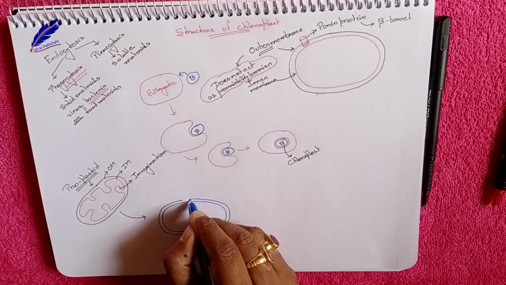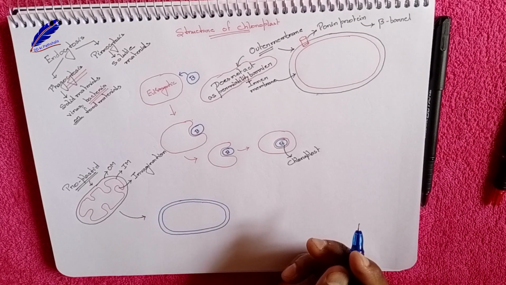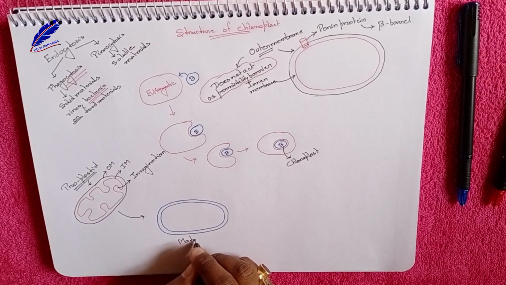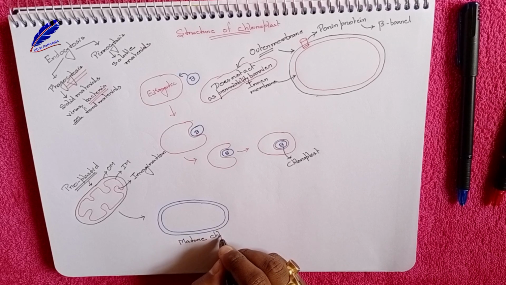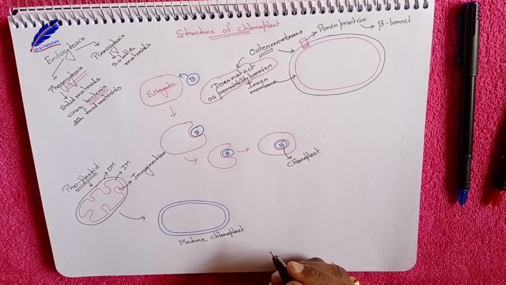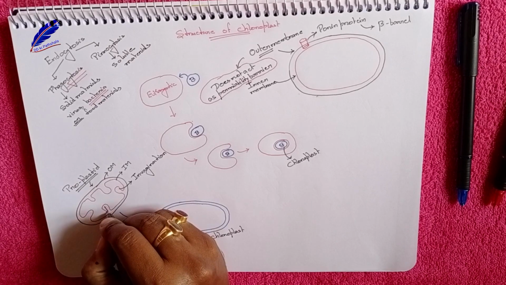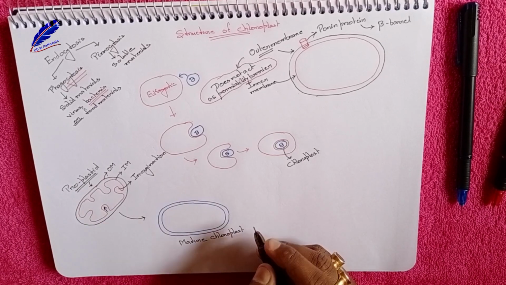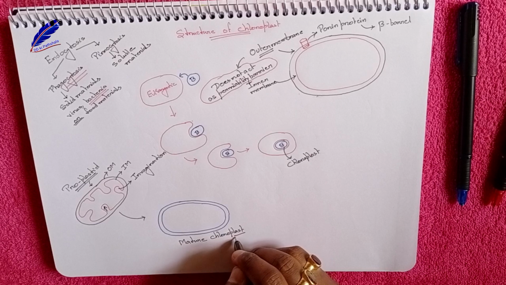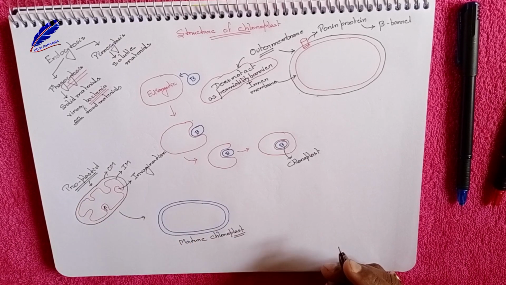So it also has two membranes, but the mature chloroplast does not have the foldings of the inner membrane. The invaginations of the inner membrane are absent in the mature chloroplast. Then what happens to these invaginations? When transition takes place from proplastid to chloroplast, what happens to these invaginations?